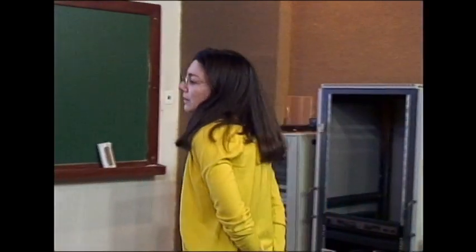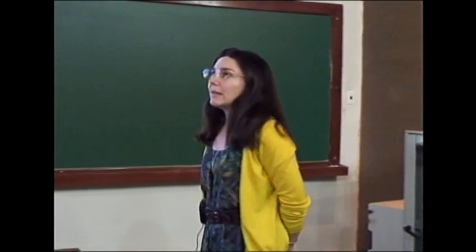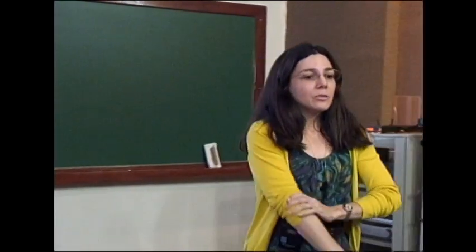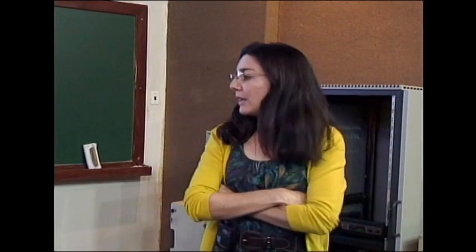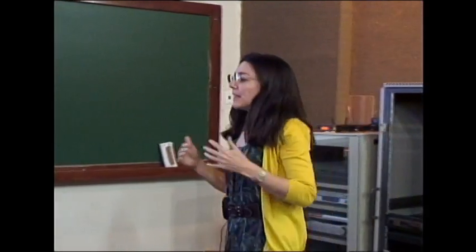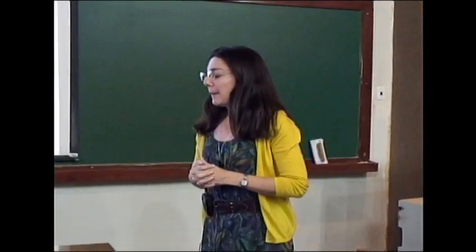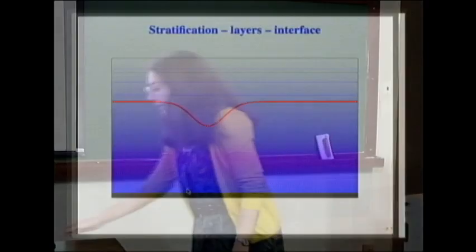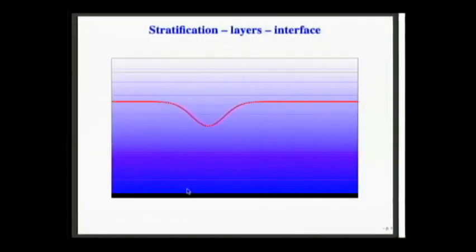The differences in temperature and salinity promote stratification in a way that layers are visible, possible to identify. In between those layers, at the interface between those layers, an internal wave evolves. That's what I want to study.